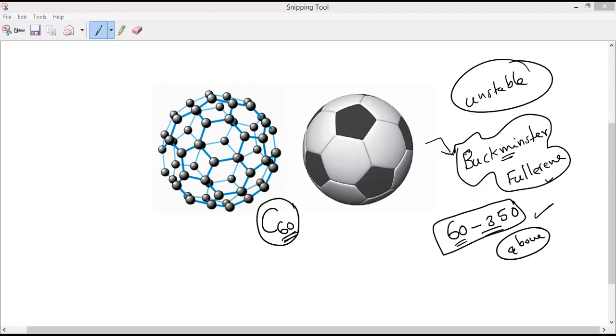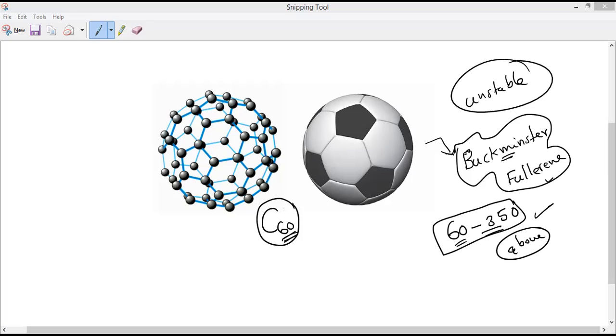This allotrope was named after an American architect, not even a scientist, Buckminster Fuller, because its structure resembles the framework of dome-shaped halls designed by Mr. Fuller for large international exhibitions.